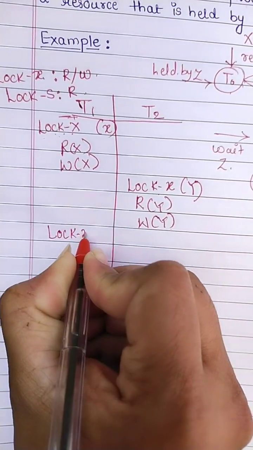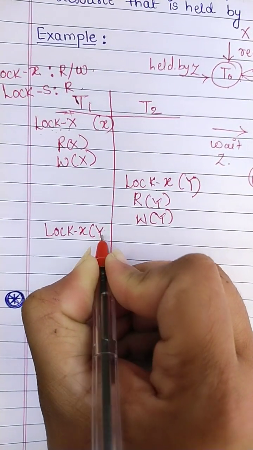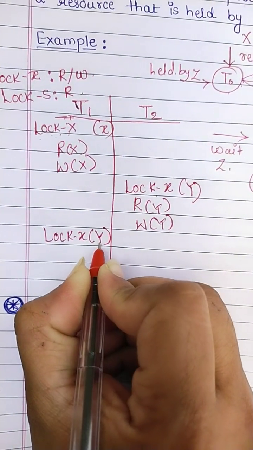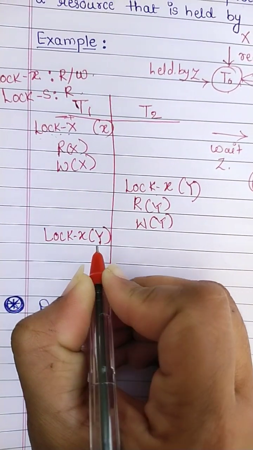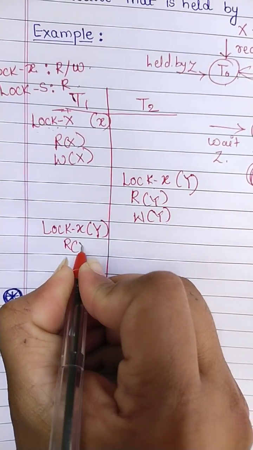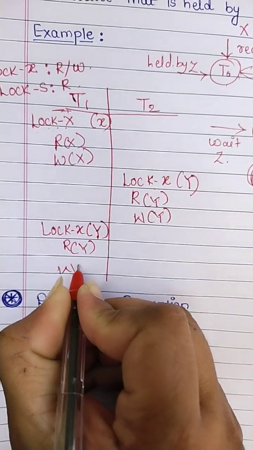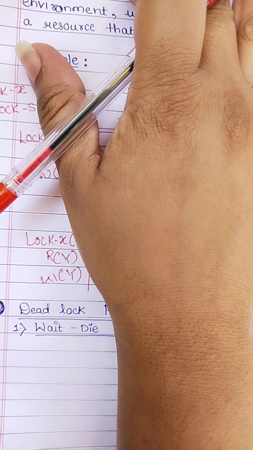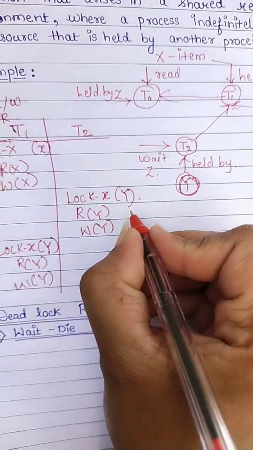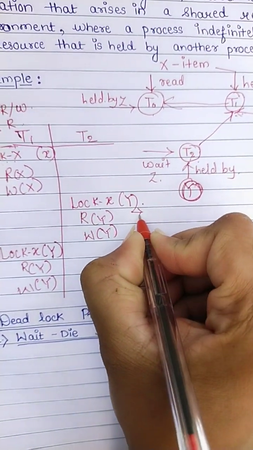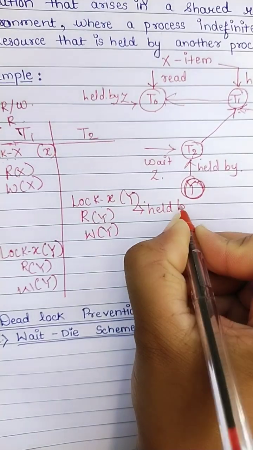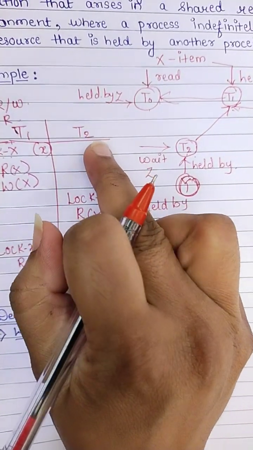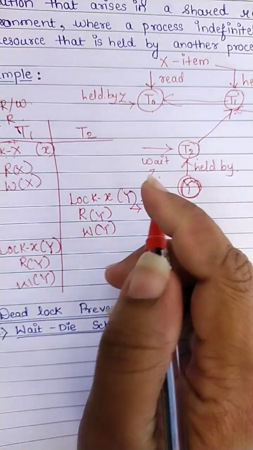Now next, the T1 transaction wants to use data item Y, to read and write, but data item Y is already held by T2. T2 is using that data item.